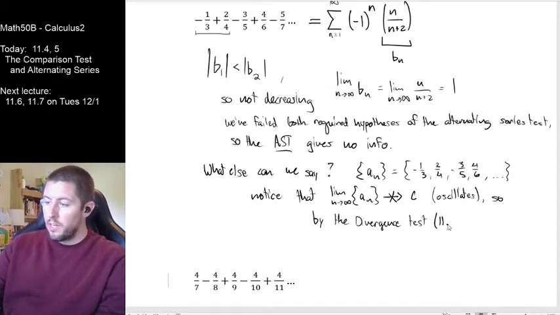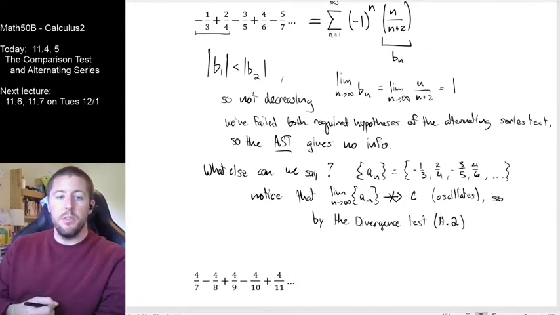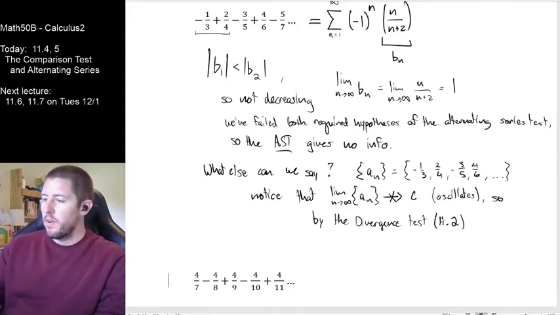So now you've got to remember back to our previous tests. The divergence test in 11.2 said if the individual terms of a sequence don't converge to some particular value, then the series itself is going to diverge.